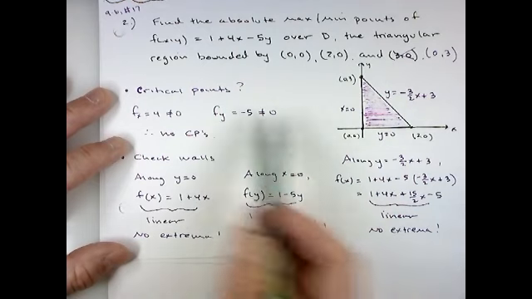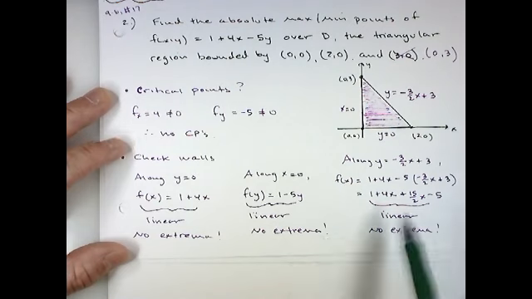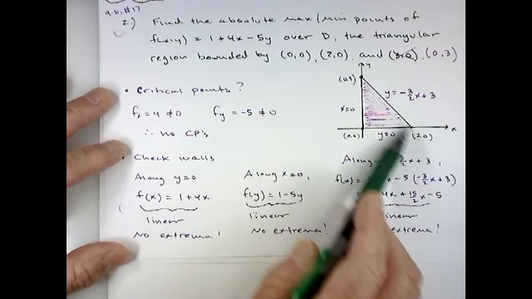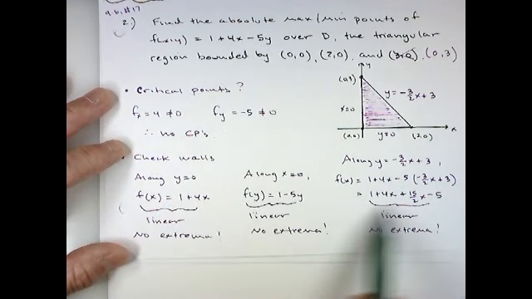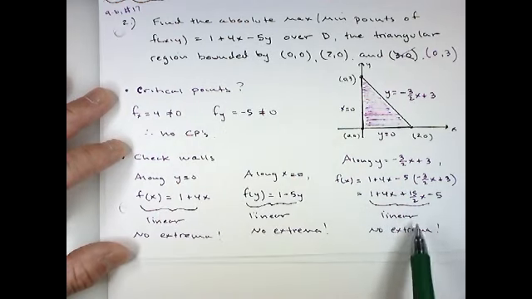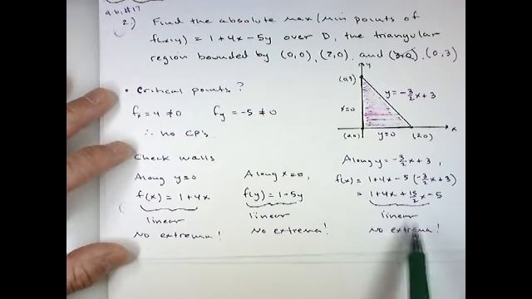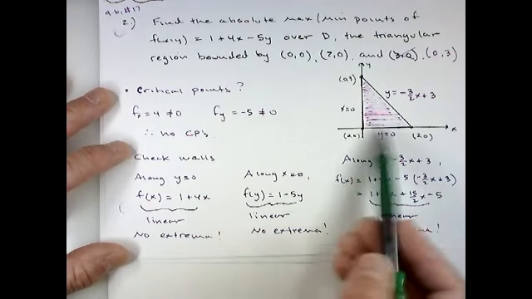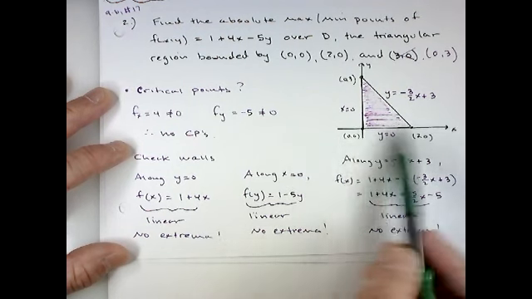Along x equals 0, if you plug that in, you get another linear function, no extrema on that one. And then if you plug in y equals negative 3/2 x plus 3 in for y and simplify it down, you also get another linear function. So there's no extrema on that. Again, if these are lines that are slanted, then they could have an extreme value at the endpoints of those walls, but we've got those covered.